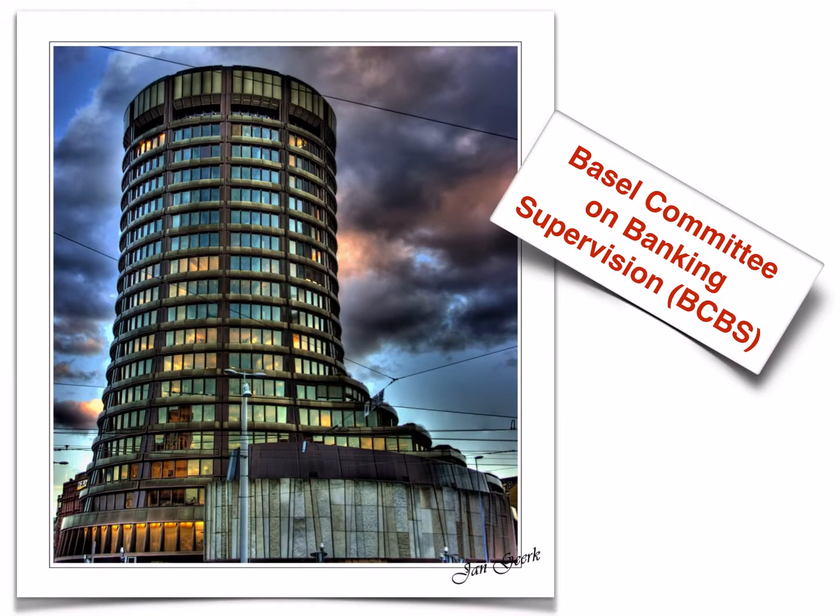Later renamed the Basel Committee on Banking Supervision, the committee was designed as a forum for regular cooperation between its member countries on banking supervisory matters. Its aim was and is to enhance financial stability by improving supervisory know-how and the quality of banking supervision worldwide.